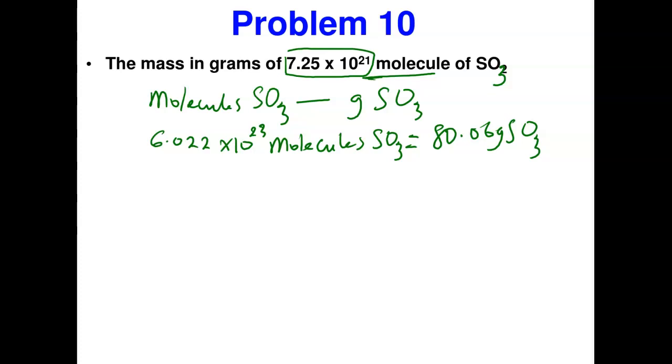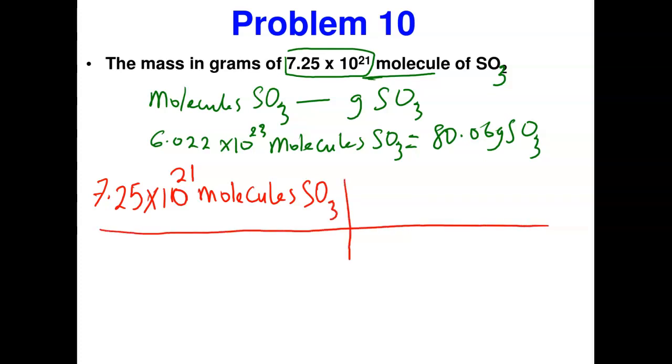Again, we start from what we were given. We were given 7.25 times 10 to the 21 molecules of SO3. That's where we start from. And again, you can draw your line. And then we want our molecules to be down. So I'm going to put the molecules here, 6.022 times 10 to the 23 molecules of SO3.